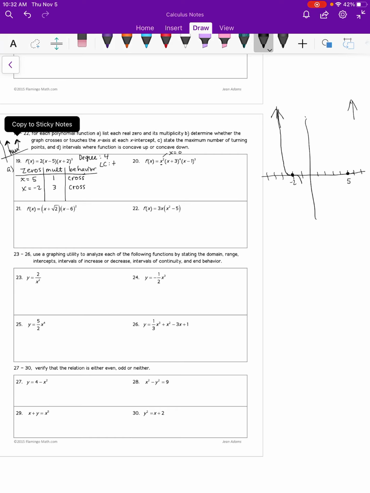The other thing I always like to find out is what is your y-intercept? So that's another good thing to think about when you're graphing it. Your y-intercept is going to be where your x is 0. So if you put in 0 for x here, you would get 2 times -5 times 2 to the third. So that'd be -10 times 8.